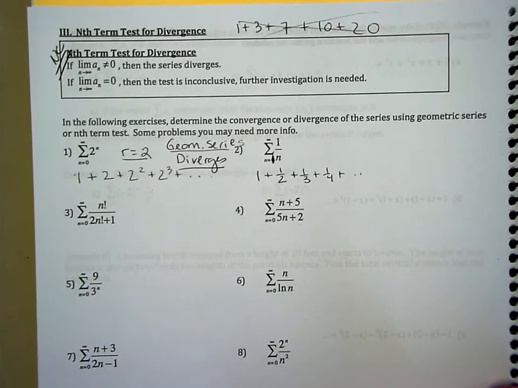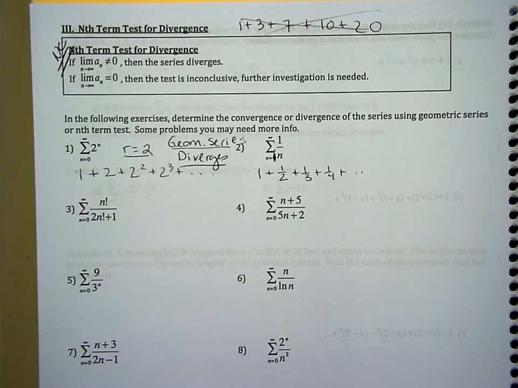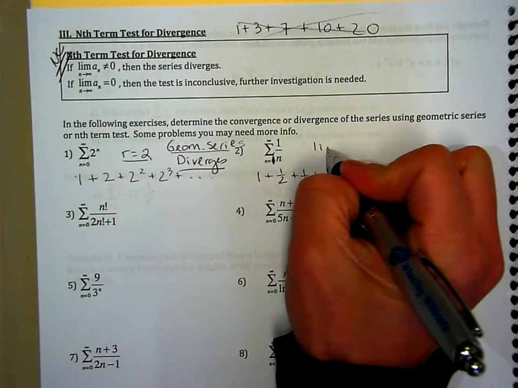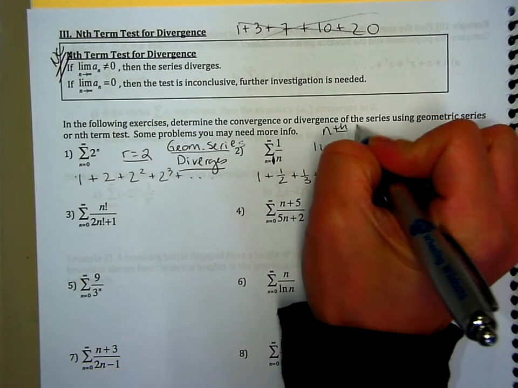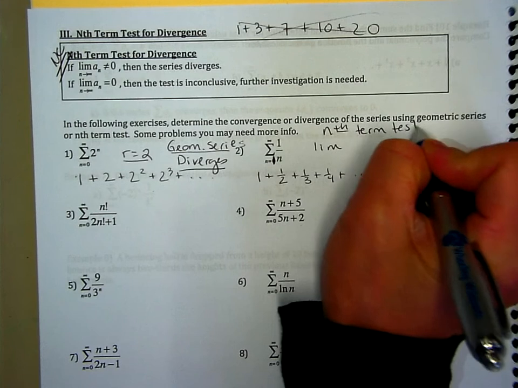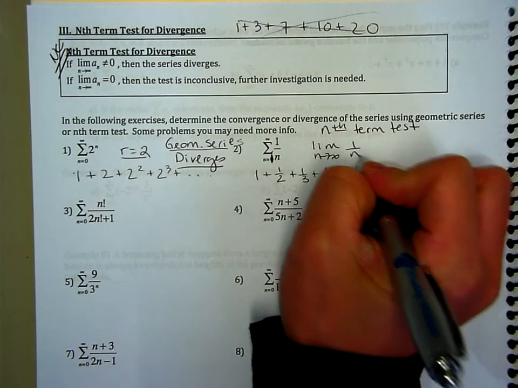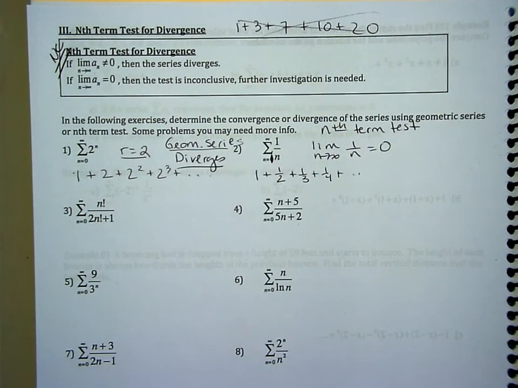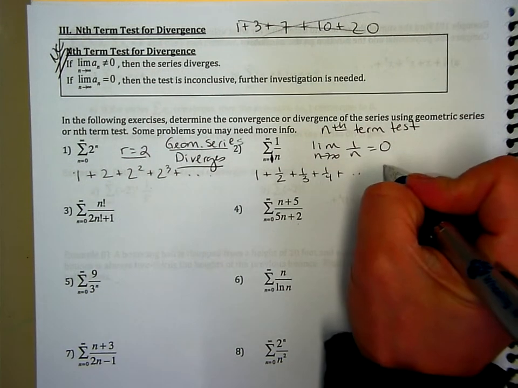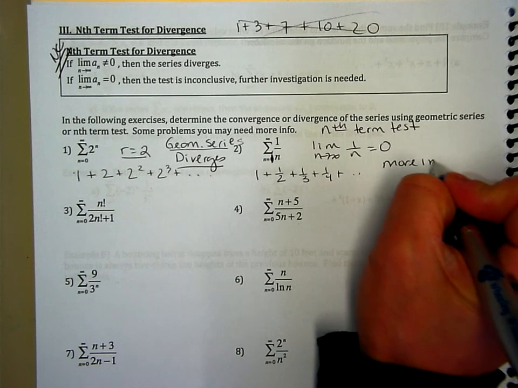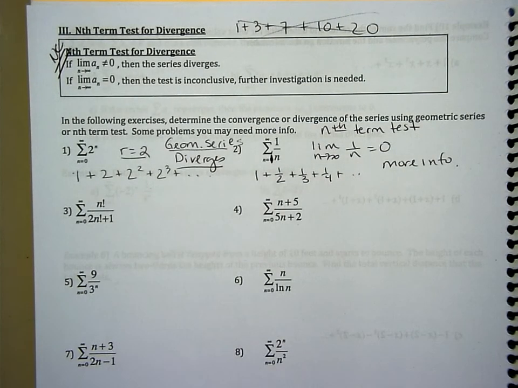So in order to tell whether it converges or diverges, the only option you have is to do the nth term test. When you guys are doing these problems, write that you're using the nth term test. Your work would be showing me that you are taking the limit of the general term, which in this case is 0. So the nth term test for divergence tells you that it is inconclusive. More info is needed on this problem. I do not know whether it converges or diverges.